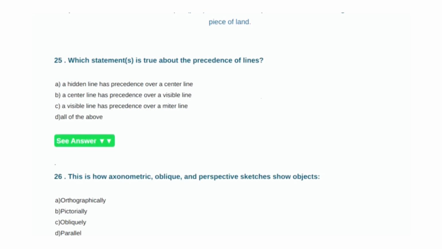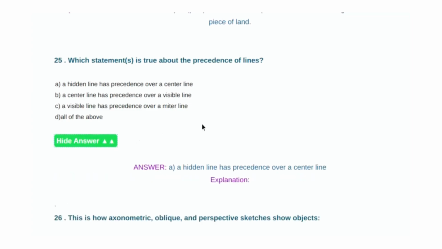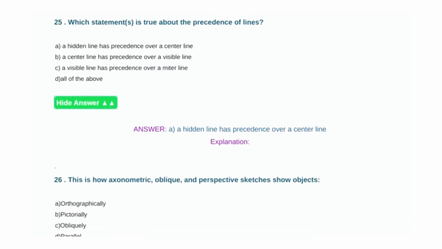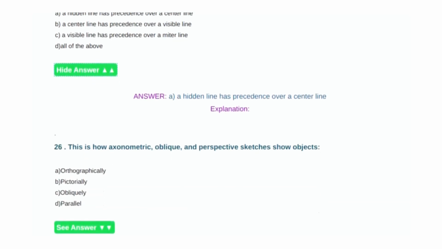A center line has precedence over a visible line. A visible line has precedence over a miter line. Right answer: a hidden line has precedence over a center line.